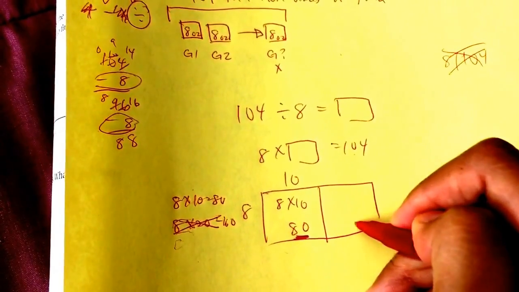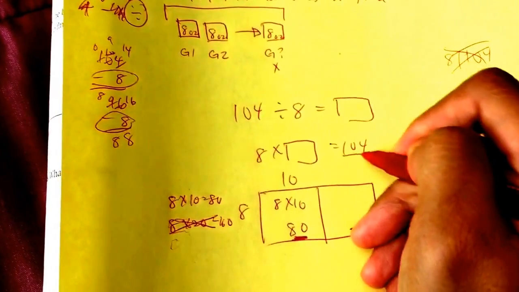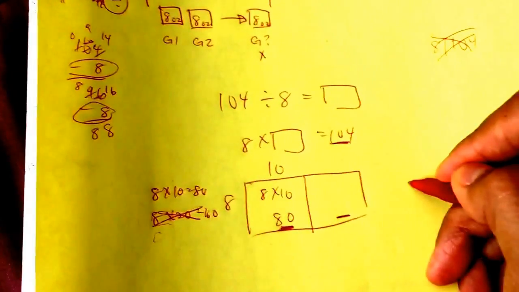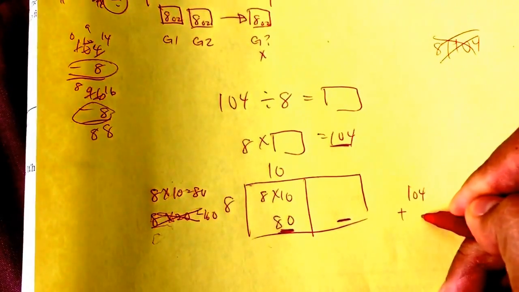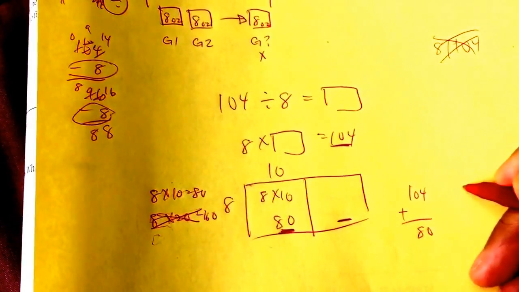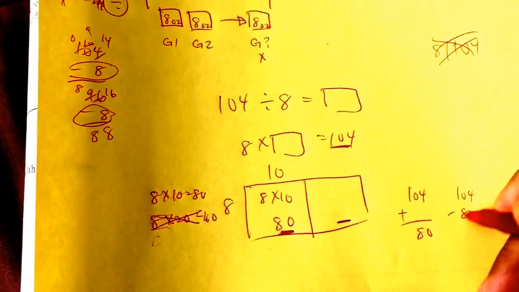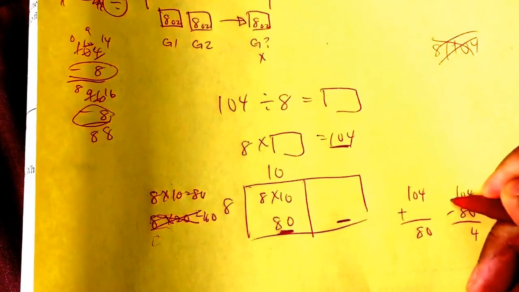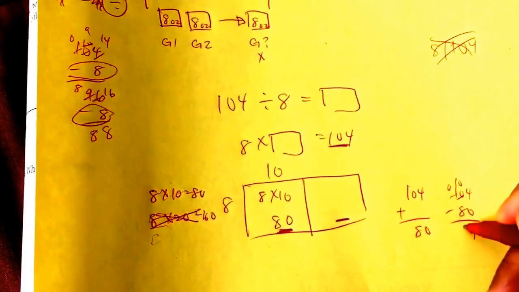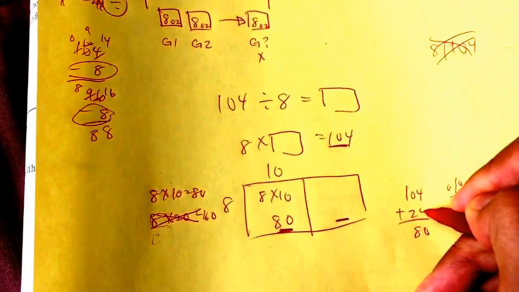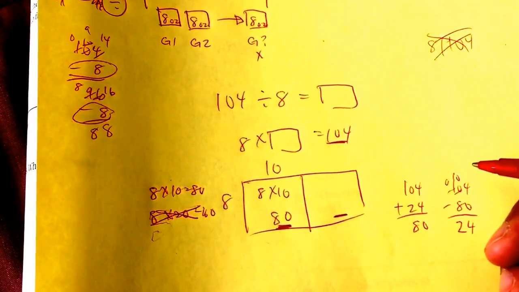Now, 80 plus this number better equal 104. And if you don't know, you could do 104 minus 80 equals, regroup, 24. Oh, that's not right.